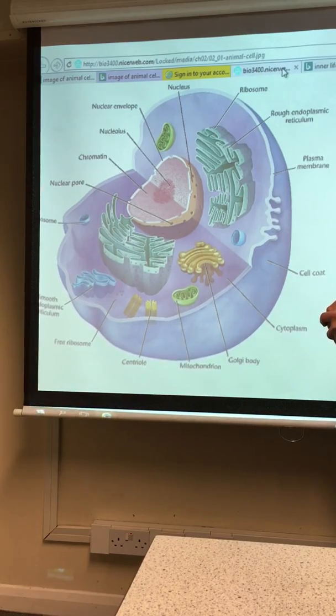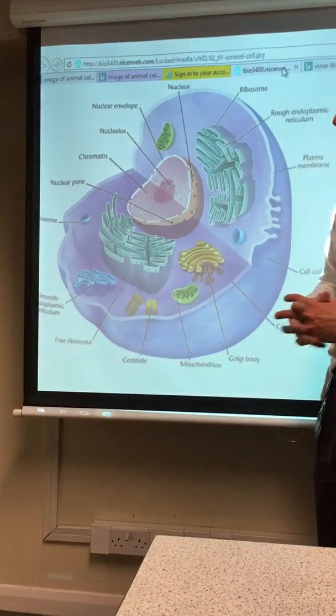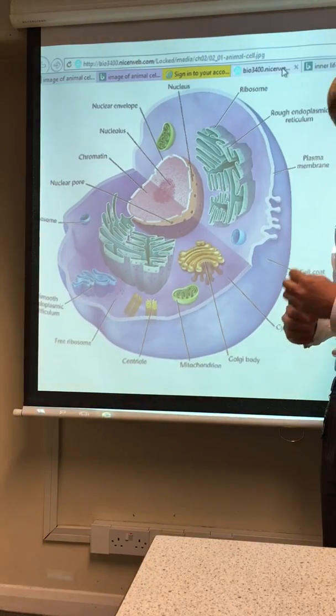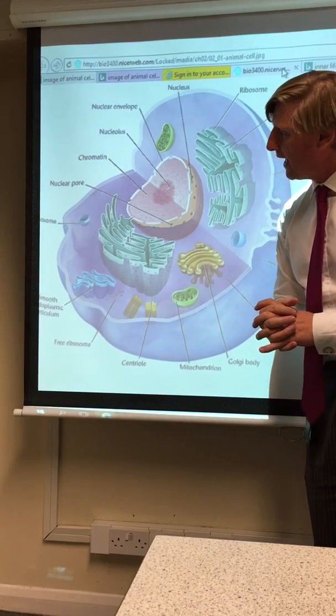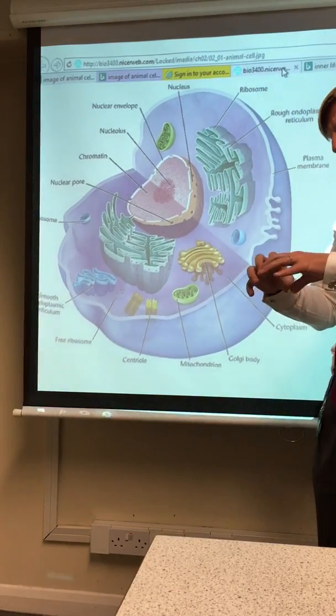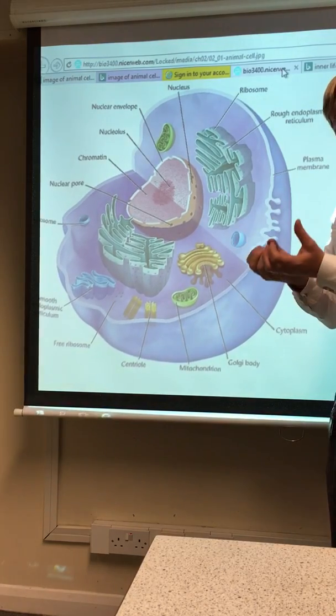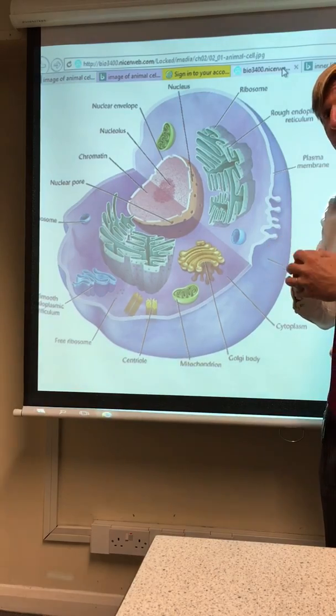We also have something like a lysosome, and a lysosome is a vesicle. A lysosome is a specific vesicle. A vesicle is a lipid bilayer in a sphere which is able to separate or compartmentalize its contents.